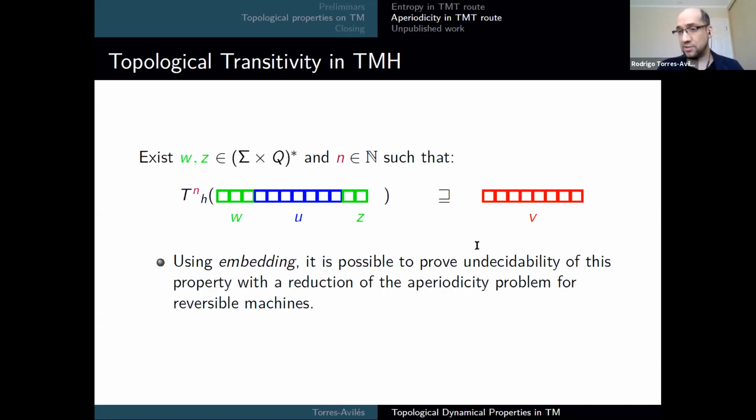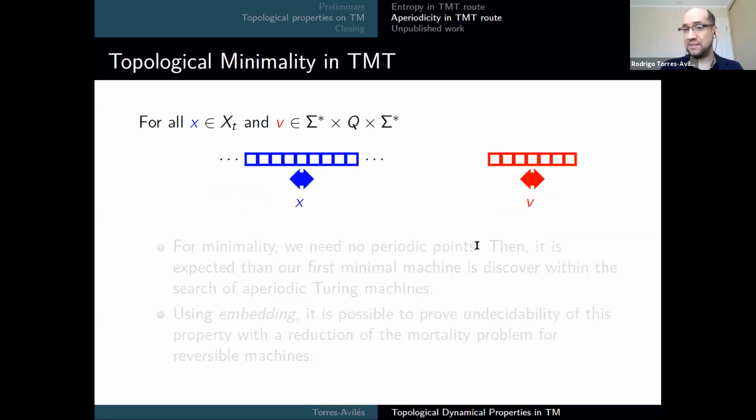The smart machine is also the first example of topological minimality in TMT.